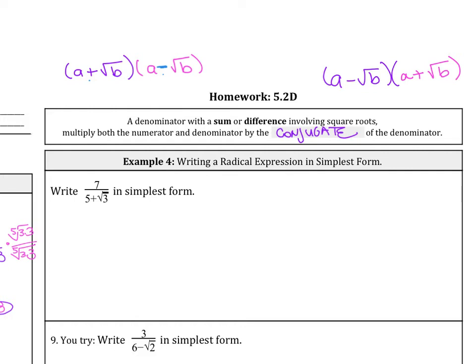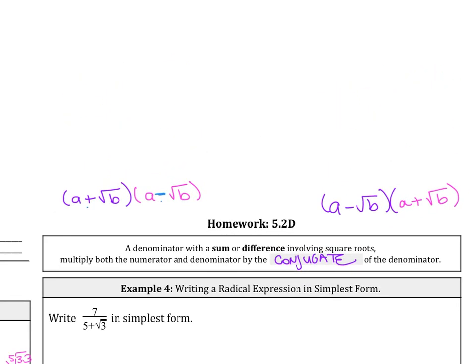Okay, so we have 7 over 5 plus root 3. Now, just to show you why you cannot multiply by just the square root. If I had 7 over 5 plus root 3, what we used to do was just multiply by root 3 over root 3, right? Square root. Now, notice what happens when I do that. I get 7 square root of 3 over, and I'm going to have to distribute.